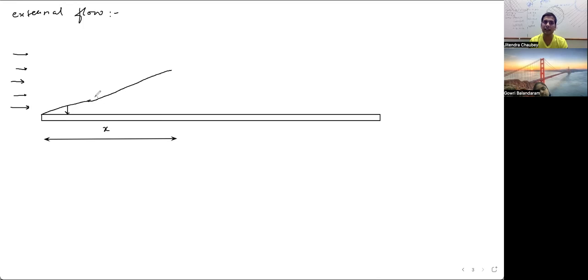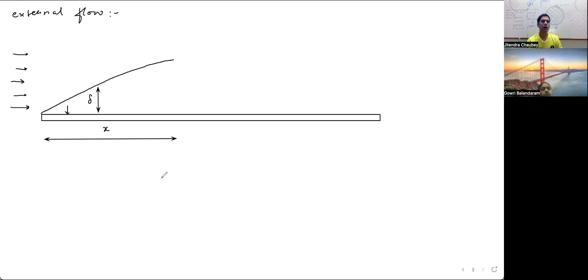The flow is always laminar at the beginning of flow. The thickness of this layer is called the thickness of the boundary layer.